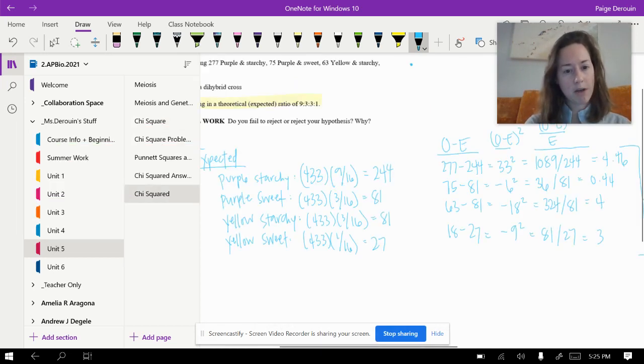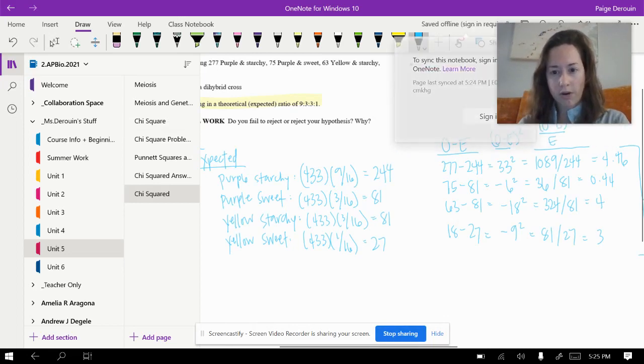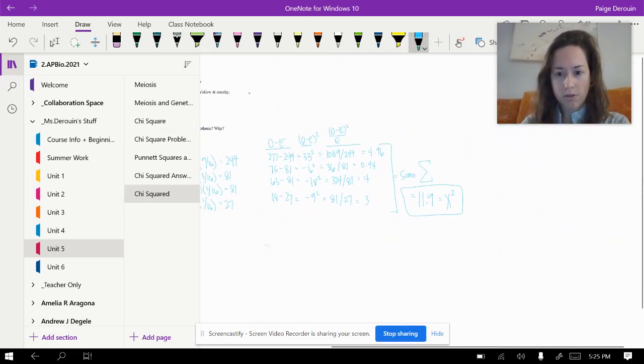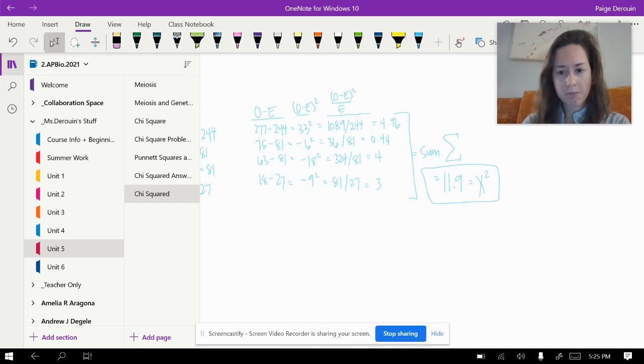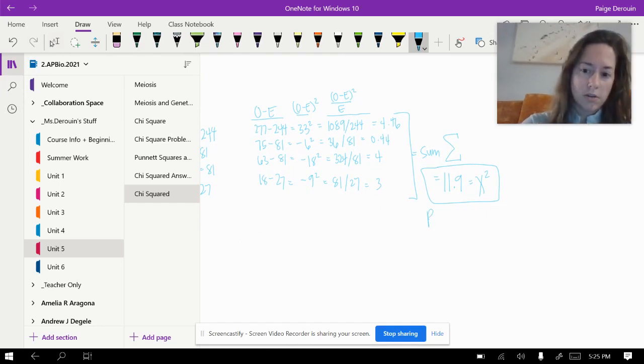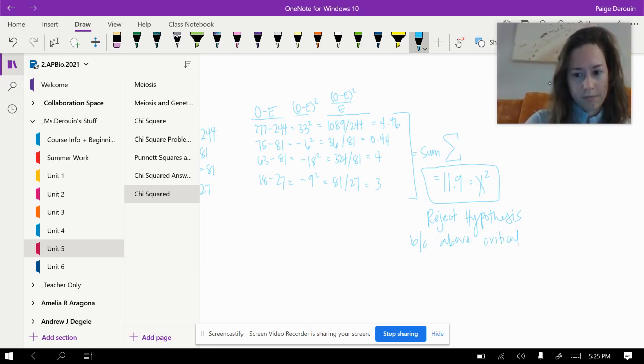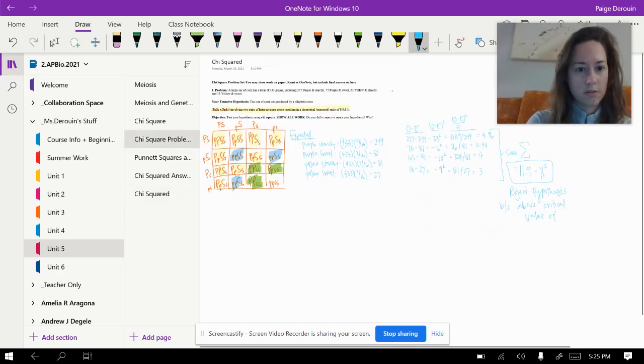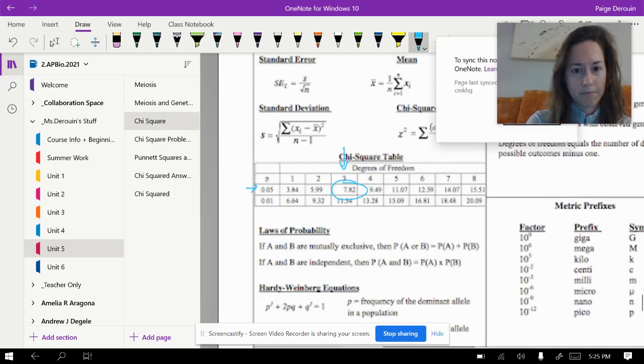So we're going to go back to our problem here, and we're going to reject because we're above. So reject hypothesis because above critical value of 7.82.